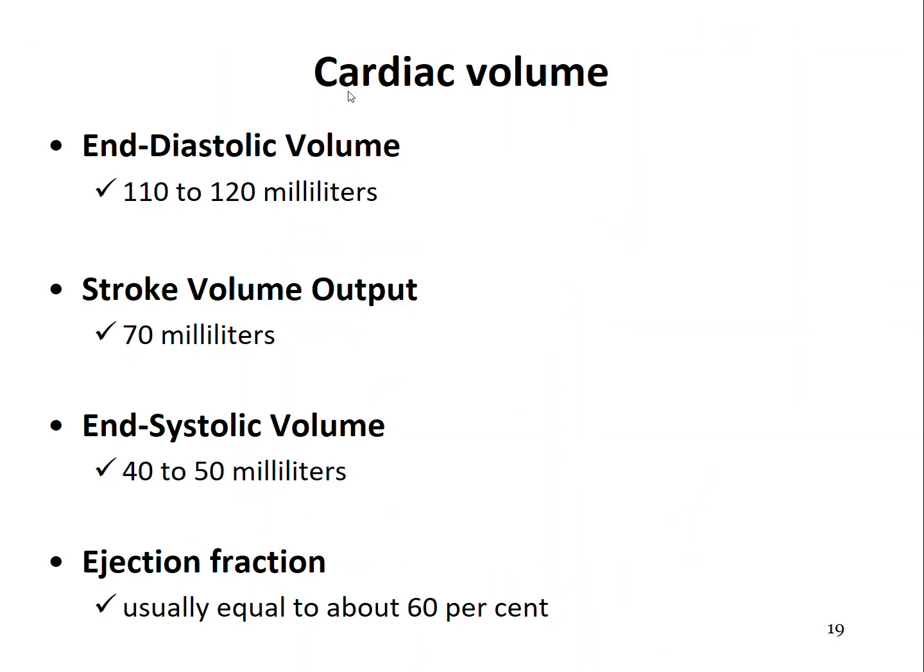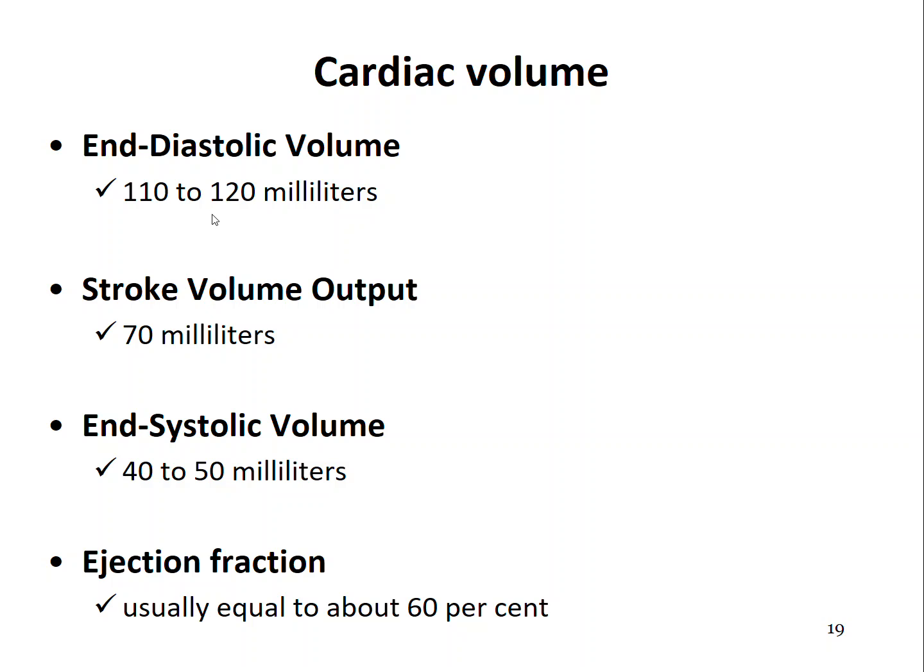So let's look at the cardiac volume. As I said, during the diastole, the blood will come into the ventricle. Then at the end of the diastole, we have the volume of blood which we call the end diastolic volume, which does not change during the isovolumic contraction.